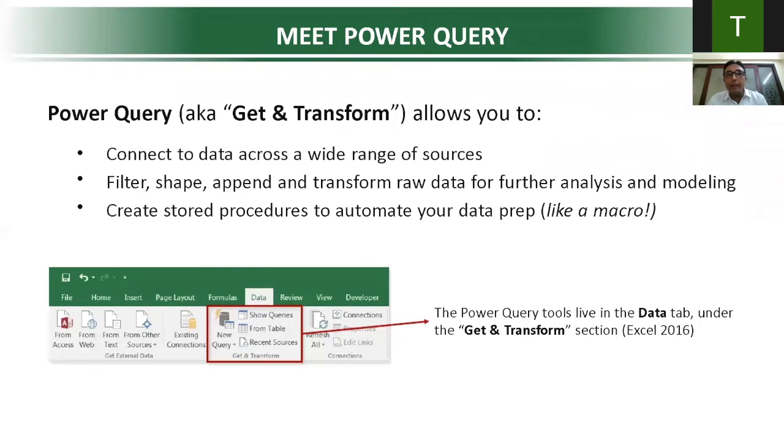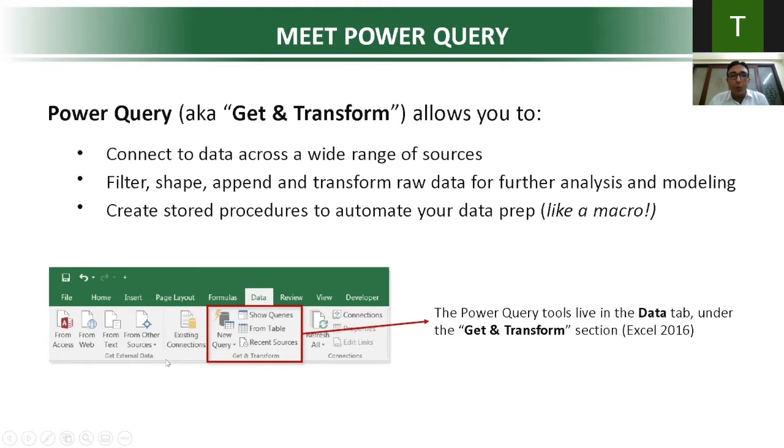So let me give you some overview of the Power Query. So Power Query is basically available in the Data tab. So when you are using 2016 or 2019 or 365, you will find the Power Query option in the Data tab. So there are two options: Get and Transform and Get External Data.